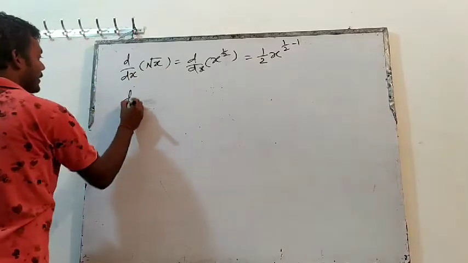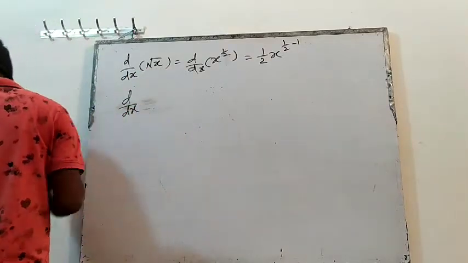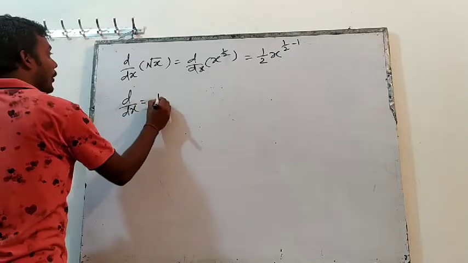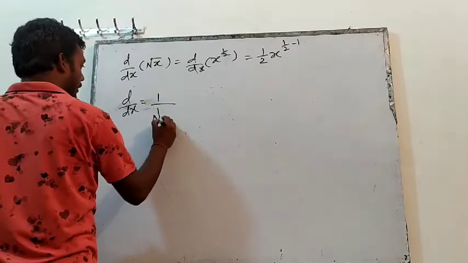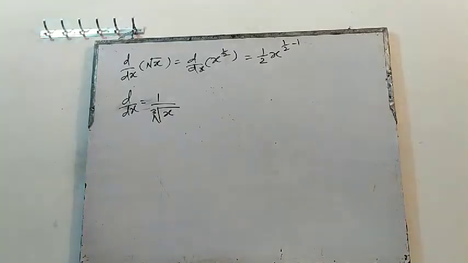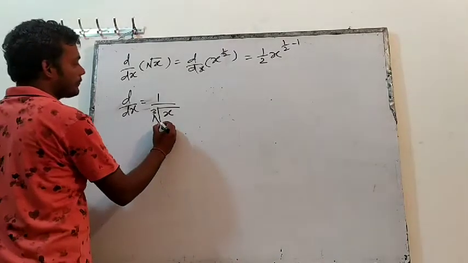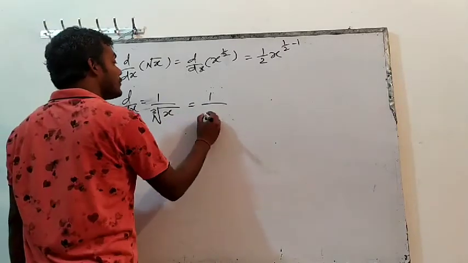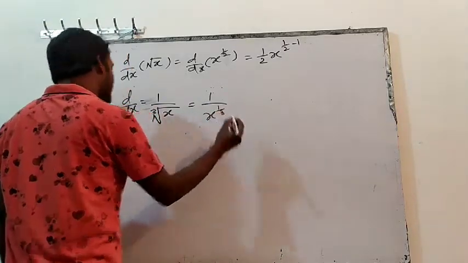Suppose I ask the differentiation of 1 by root 3x. 1 by root 3x. But we can write this, can we write that this is actually 1 by x to the power 1 by 3?